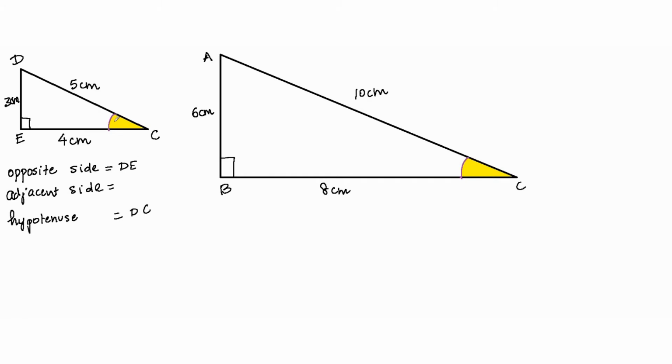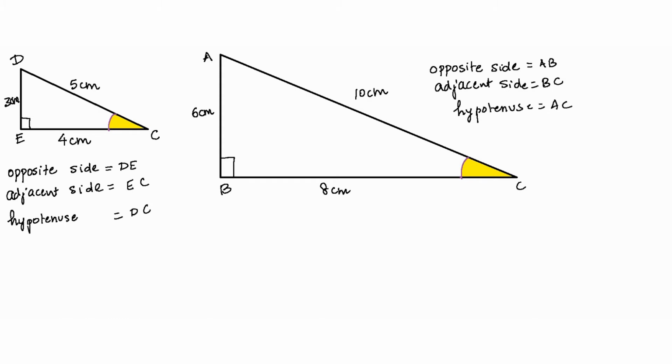So the adjacent side to angle C is EC, right? In this particular figure, in triangle ABC, with respect to angle C, the opposite side is AB. With respect to angle C, the adjacent side is BC. And the hypotenuse happens to be AC.